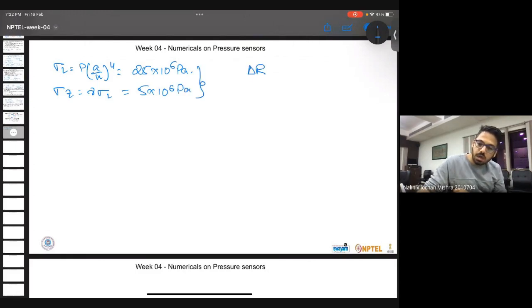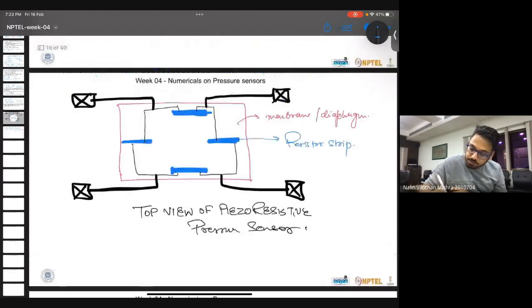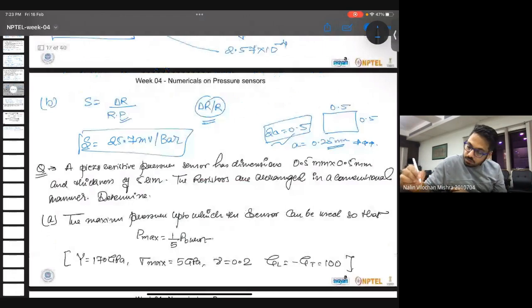The change in R by R can be written as the gauge factor multiplied with strain, and strain further can be written as this. I think we have calculated this here, this one.